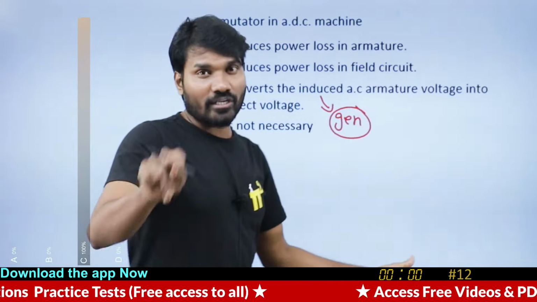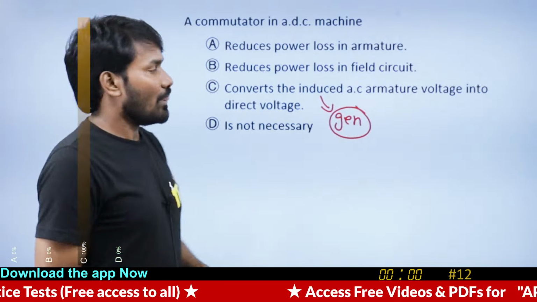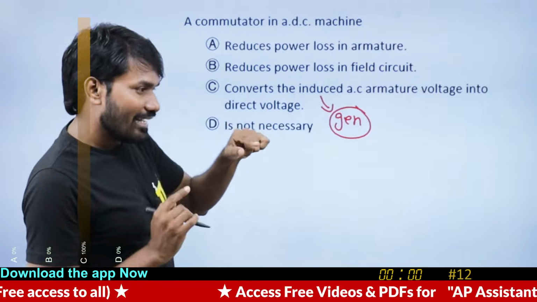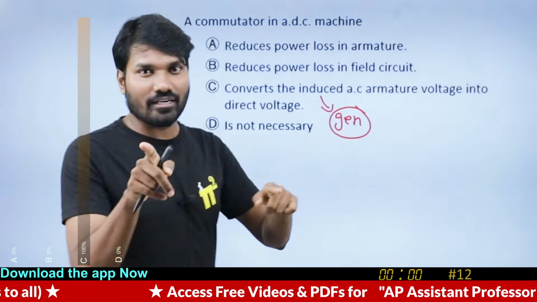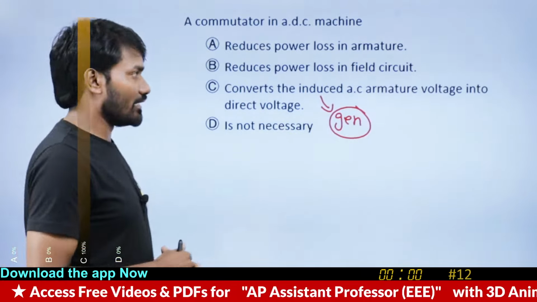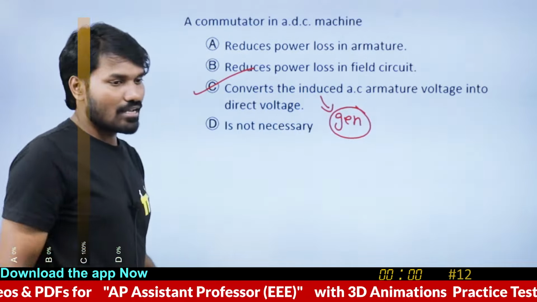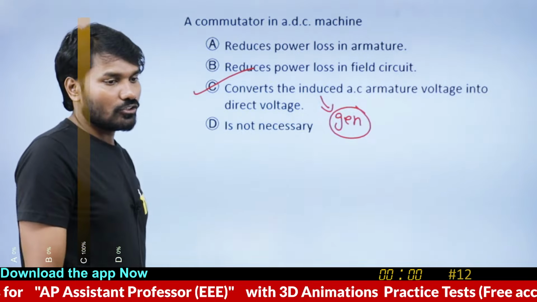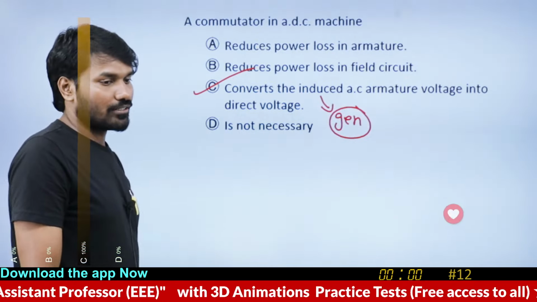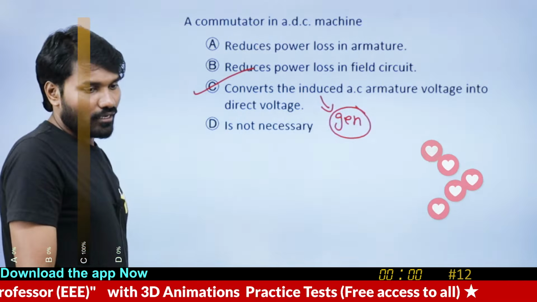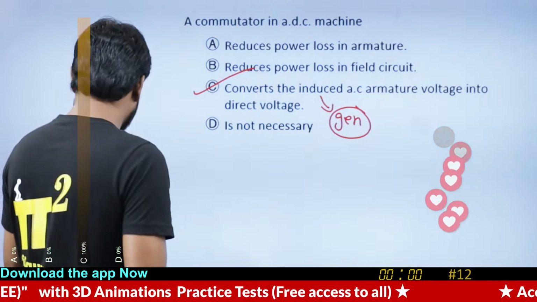If it is a motor, DC motor, then it converts given input DC into AC. Okay, it can also do that. So for now, out of all the given options, C is absolutely correct. You're all absolutely correct. Okay, I'm moving to the next question.